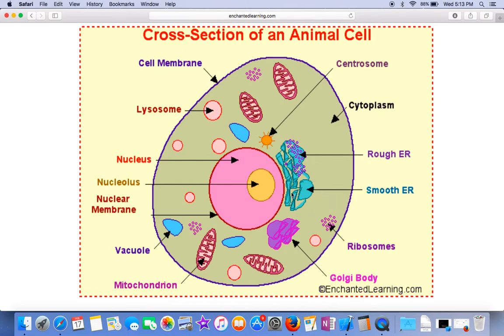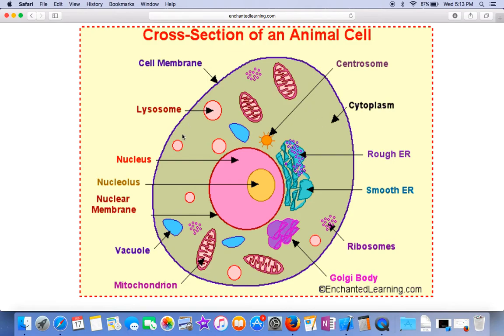The rough ER is covered with ribosomes that give it a rough appearance. That's why it's called the rough ER. The rough ER transports materials through the cell and produces proteins in sacs called cisternae, which are sent to the Golgi body or inserted into the cell membrane.